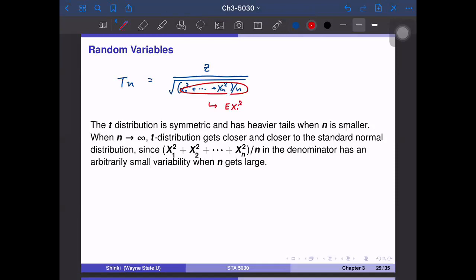Expectation of xi square is actually the variance of xi, because xi has mean 0, and this is actually 1. So we have n terms divided by n, this goes to 1, so this goes to just z, so normal 0, 1. So the t distribution with large degrees of freedom is almost the same as the standard normal distribution.